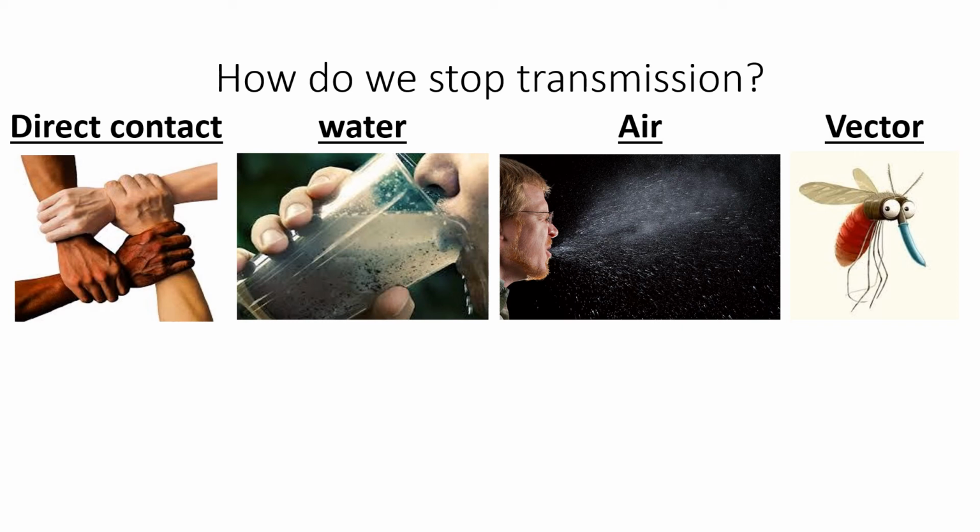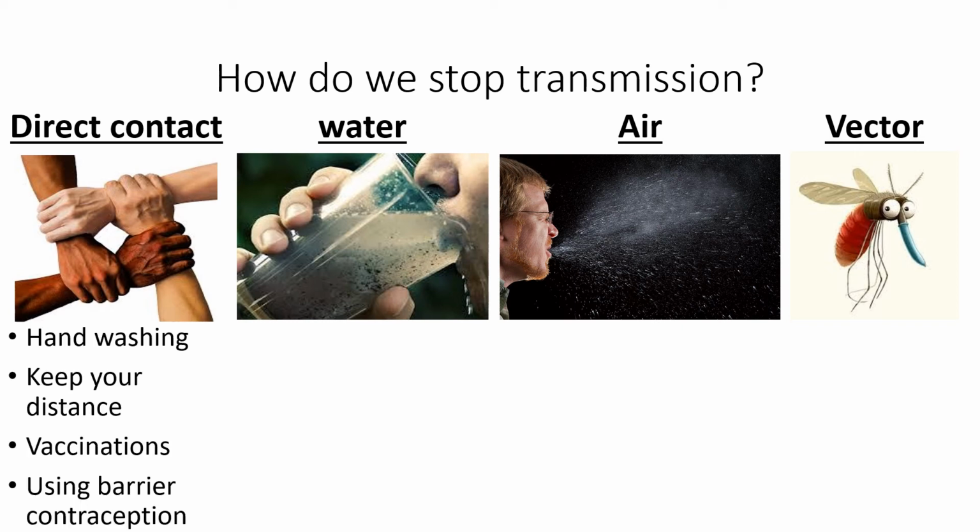So in terms of direct contact, the main ones are basically hand washing, keeping your distance, vaccinations, and we do have to talk about barrier contraception, because direct contact would of course include sexual intercourse. So any type of condom is a barrier contraceptive. It doesn't matter which type of condom you refer to, male, female, or otherwise, they are all the same thing.